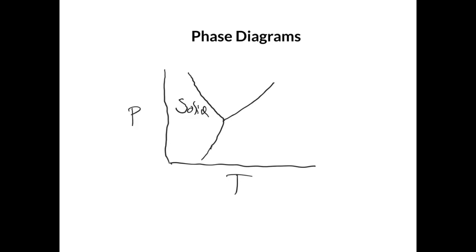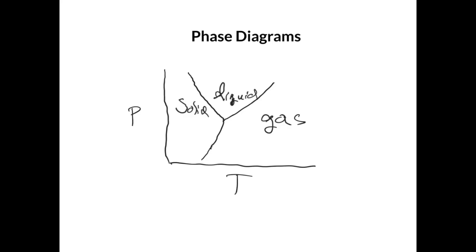And then the one up where the branch point is, is the liquid. So that's your liquid. And gas is the last one, okay? So each of the lines then represents a phase change at the different pressures, okay?